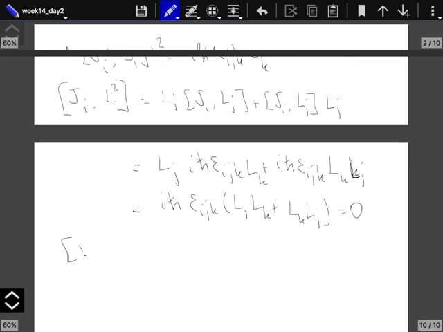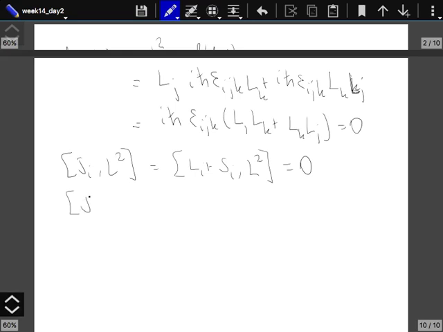Well, an easier way to see this: Ji with L squared is actually Li plus Si with L squared, but both Li and Si commute with L squared, so this is 0.